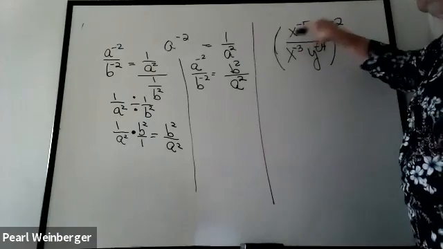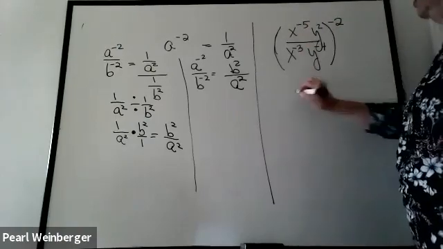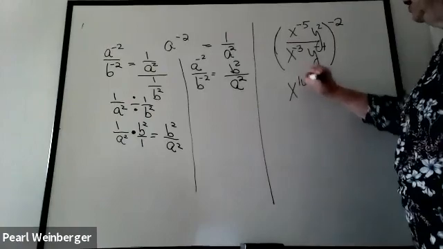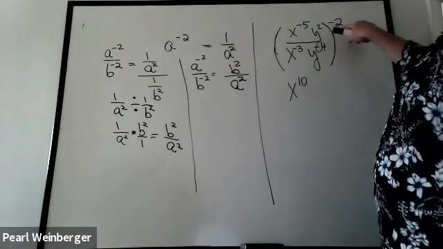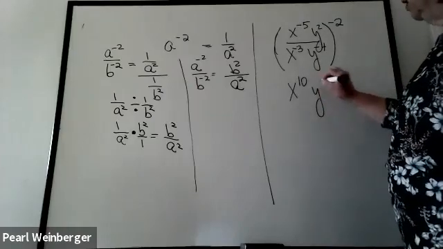So x to the negative 5 to the negative 2 is going to give me x to the 10, because negative 5 times negative 2 is 10. Then y squared to the negative 2 will give me y to the negative 4.